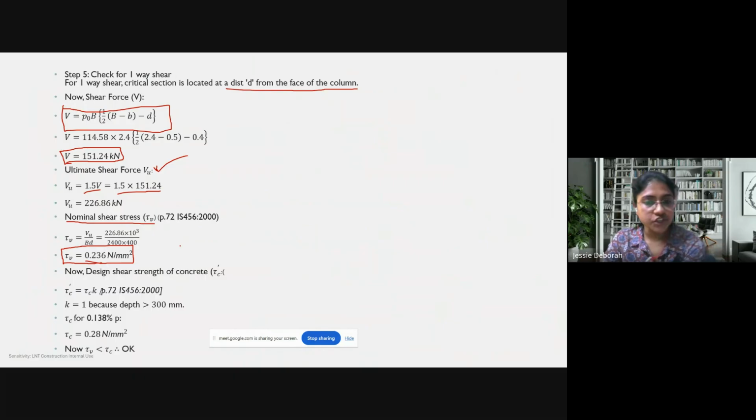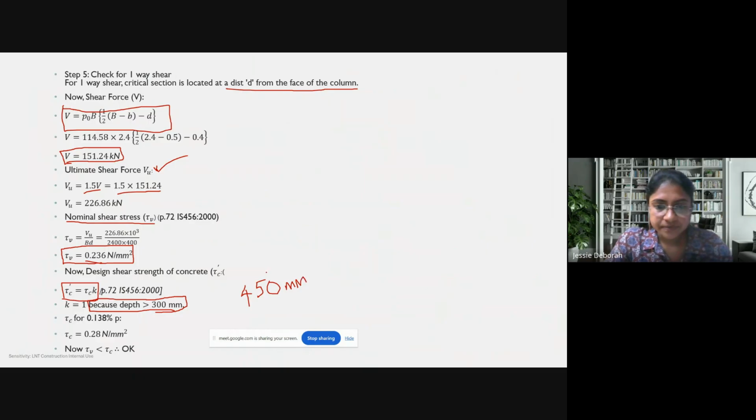Now, design shear strength of concrete, tau c dash, is from page number 72 of your IS 456. K should be equal to 1, because for any depth more than 300 it is 1, and our overall depth is 450, correct?